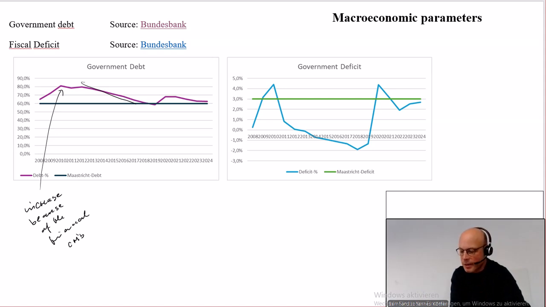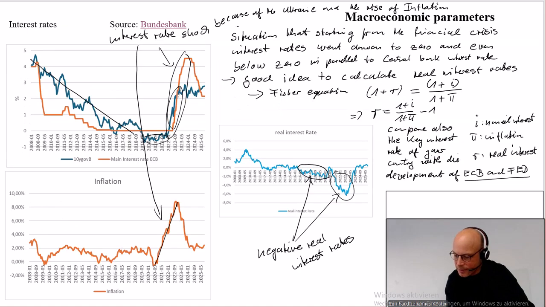The fiscal situation was even better, since we have very, very low interest rates. So the interest payment of the German government was very low. And if you look at this here, we had even negative nominal interest rates.